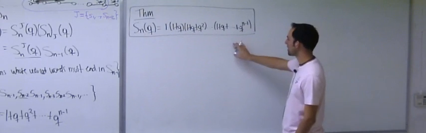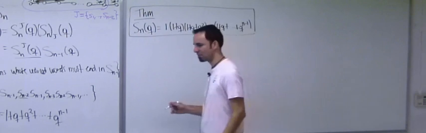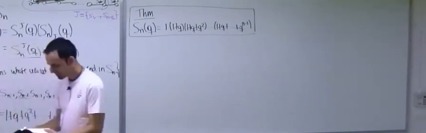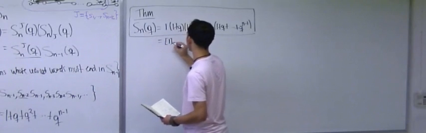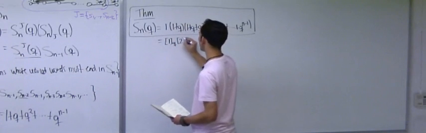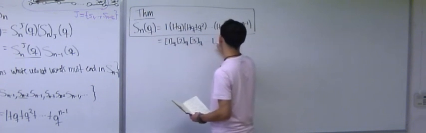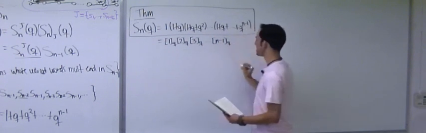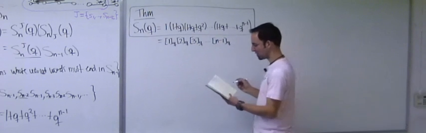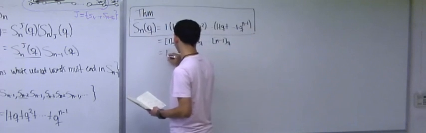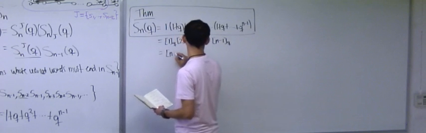I should tell you that people like to write this in this way. People call these the integers 2 sub q, 3 sub q, until n minus 1 sub q, and this is n sub q, sorry.